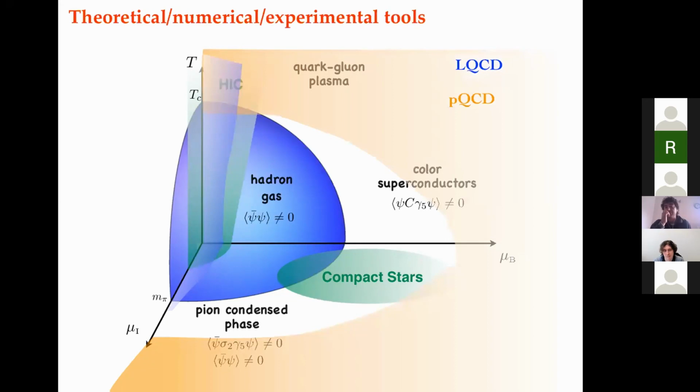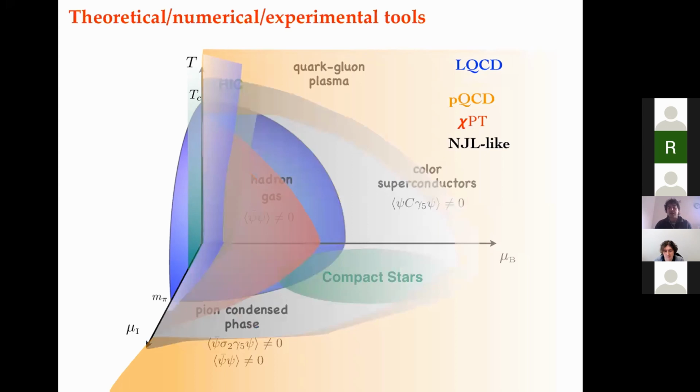Then you can use perturbative methods like perturbative QCD. Here I've been very generous with perturbative QCD. I mean also resummation, and then you have chiral perturbation theory and the NJL-like model.